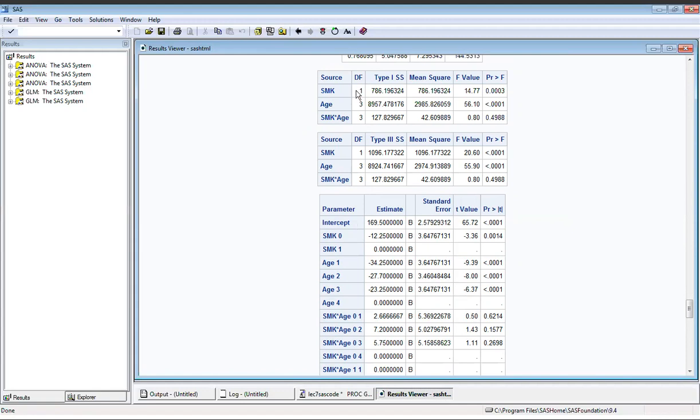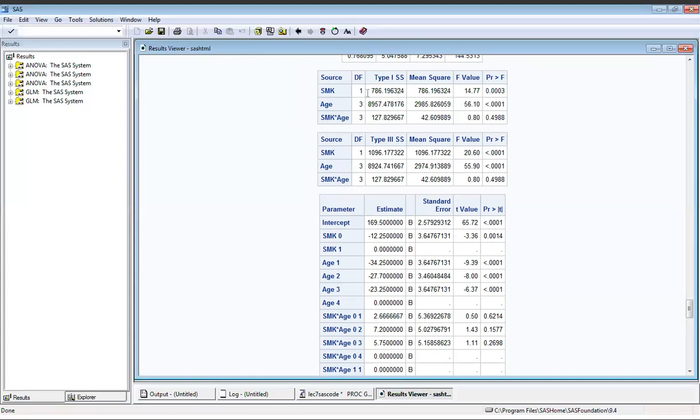The smoking effect has 1 degree of freedom because there are 2 levels for smoking status, and 3 degrees of freedom for age because we have 4 age groups, and the degree of freedom for interaction is equal to this one times this one, which is 1 times 3, equal to 3.